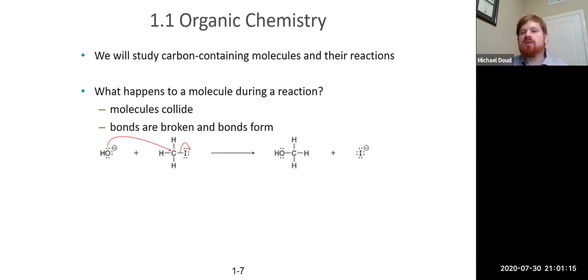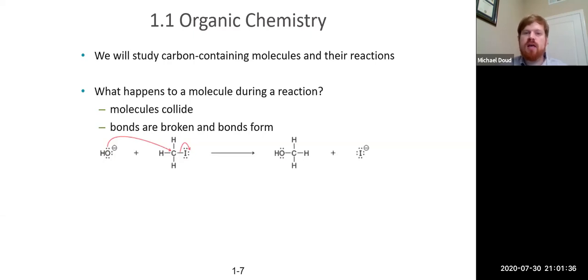But let's talk very briefly about practically what we are going to do this semester and into the next semester as well. Again, as we mentioned, we're going to study carbon-containing molecules, and we're going to study their reactions. And really, we're going to dig down deep into the question of what happens to a molecule during a reaction.